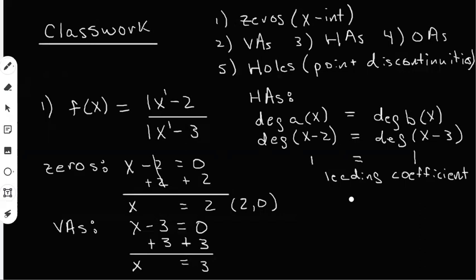And since they're both assumed to be 1, we're going to get y equals their fraction, 1 over 1, which of course is just going to give us y equals 1. That's our horizontal asymptote. What we're doing is taking the leading coefficient on top and dividing it by the leading coefficient of the bottom, not the degree. The degree is just to test out which rule we're going to use.